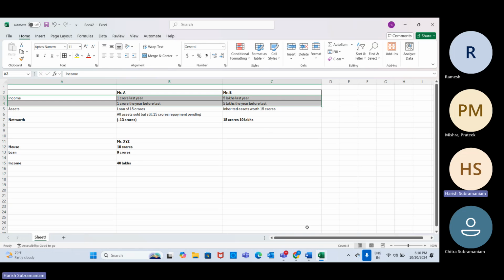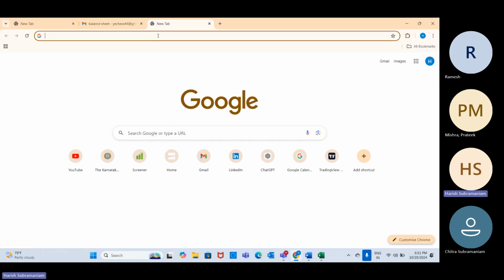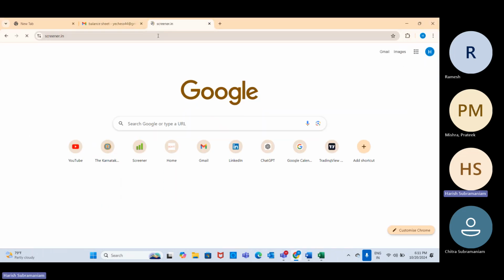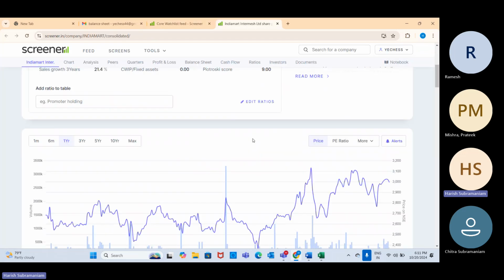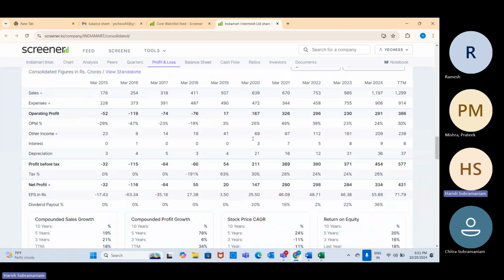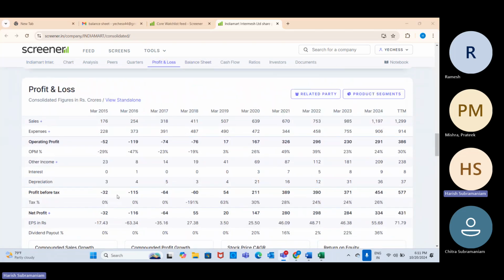So when we went to the income statement of different companies, let's just say we look at this company, IndiaMart Intermesh, and then we look at the P&L. This gives us the financial performance of that company for each year, right? But this does not give us the overall state of the company's health. Does the company have some great loan?